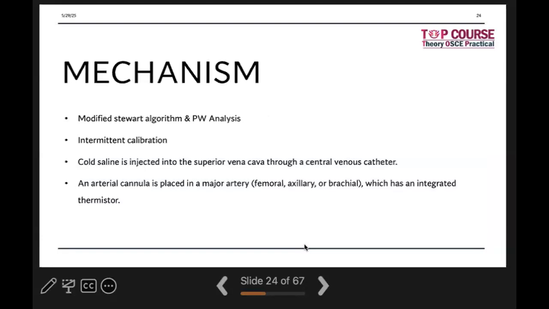Okay. So again, it uses a modified Stewart-Hamilton algorithm and pulse wave analysis as its baseline mechanism. So you have to do a calibration intermittently. You have to inject cold saline in the central venous catheter, while another arterial cannula is placed at the femoral, axillary or brachial vessel, which has the thermistor that detects the changes in the blood temperature. This is called transpulmonary thermodilution.